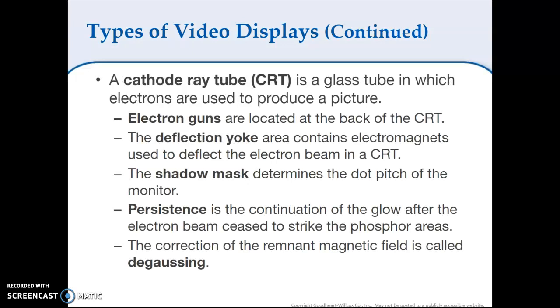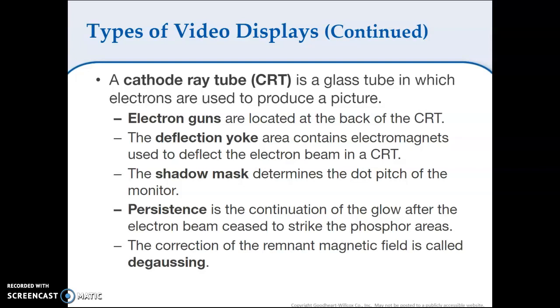Let's take a look at the CRT, or the cathode ray tube. This is a glass tube in which electrons are used to produce a picture. Very, very old box-type TVs are cathode ray tube TVs. Electron guns are located at the back of the CRT. The deflection yoke is an area that contains electromagnets used to deflect the electron beam in a CRT.